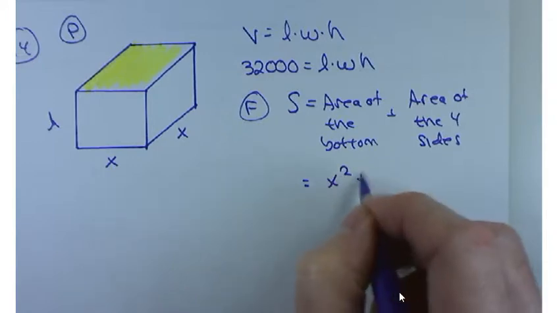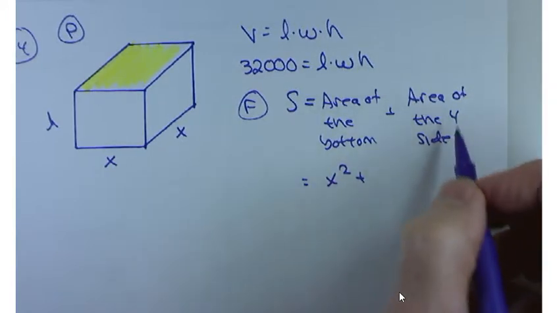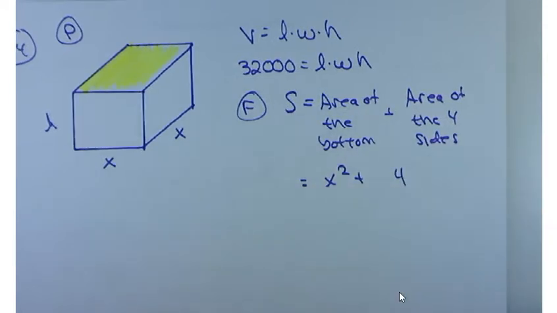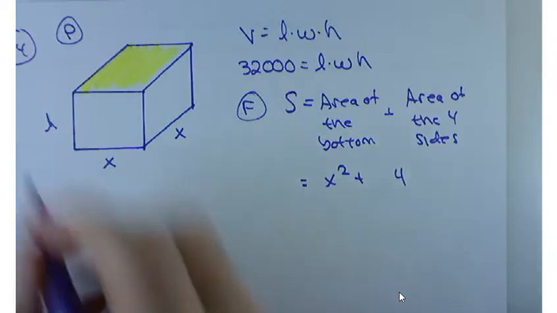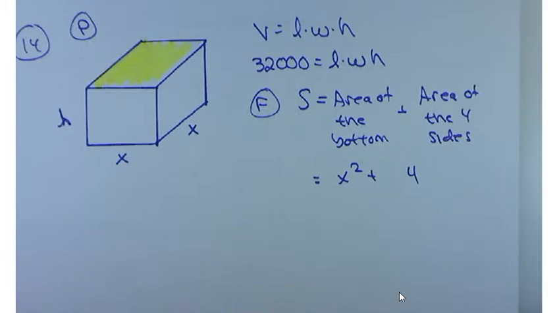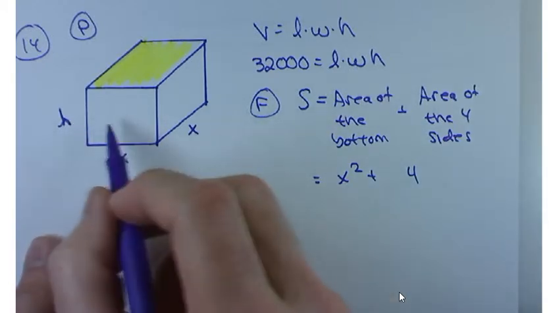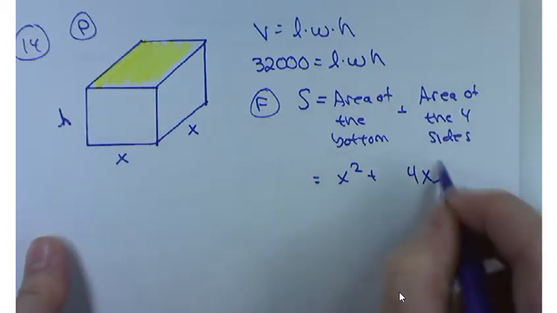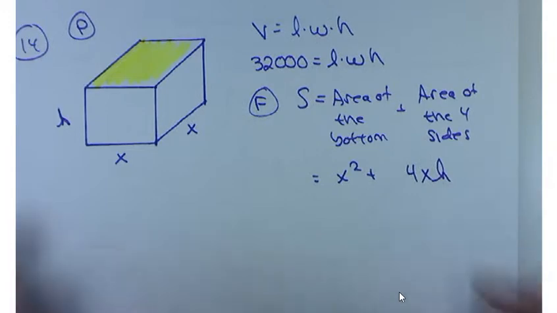X squared. Plus the area of four sides, so it's going to be 4 times what? That's actually an H. Yeah, no, sorry. All right, but you're right. So the area of the side here is going to be X times H. So X times H. So that's pretty good.